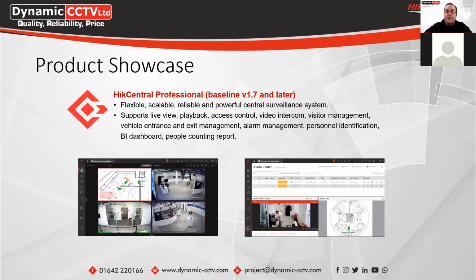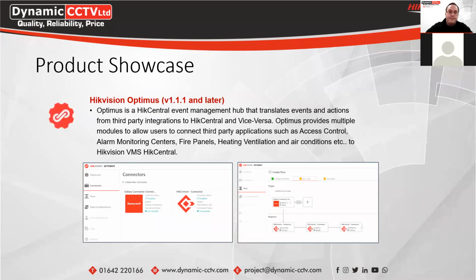With Optimus, it needs to be version 1.7 CEE baseline and above in order to be able to use the Optimus integration with the VMS platform. And Optimus now is version 1.1.1 and above, which is the baseline release version of the Optimus middleware software.